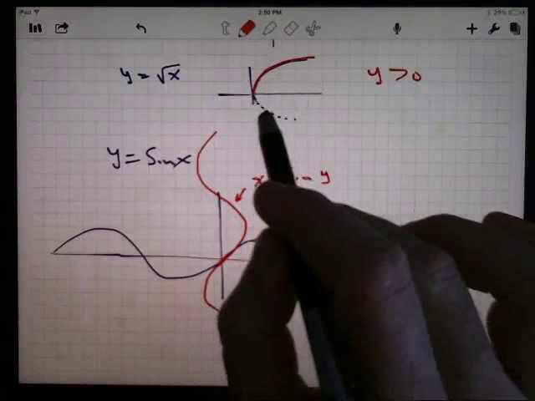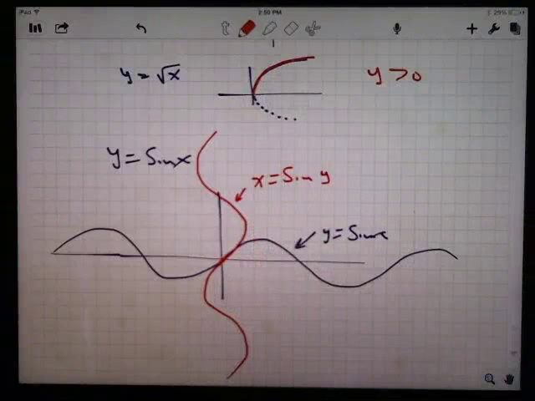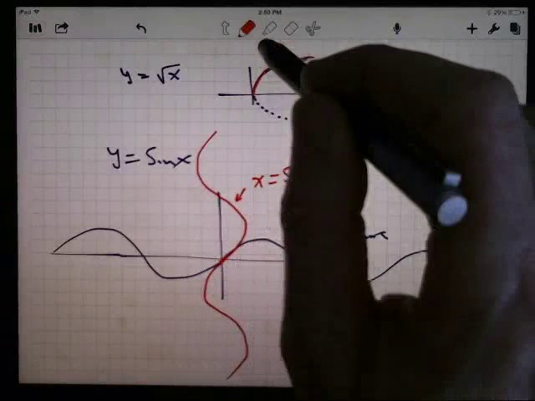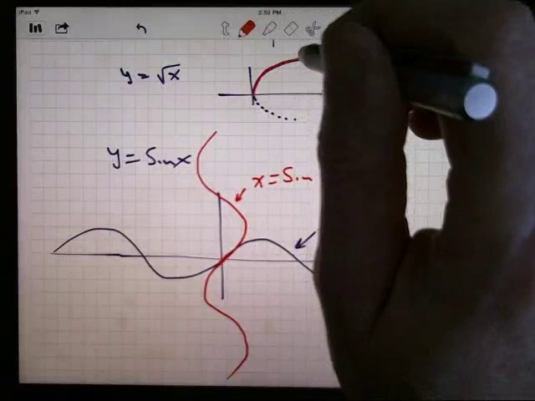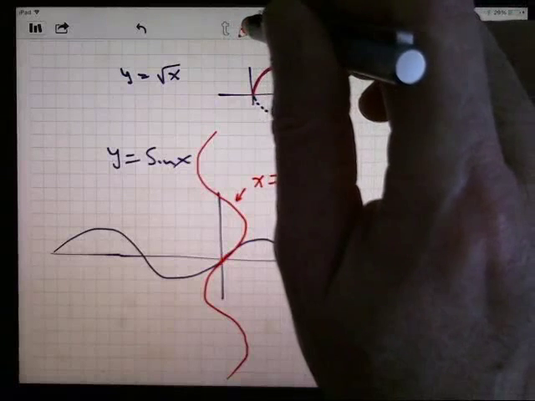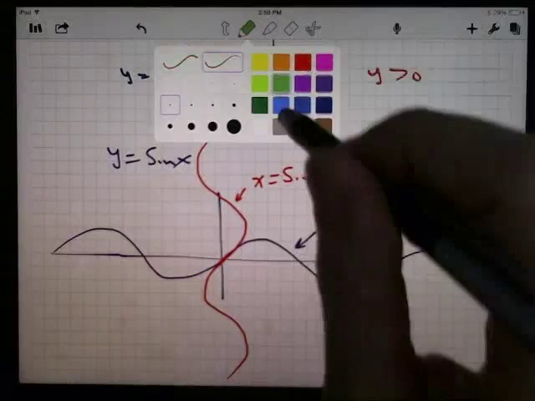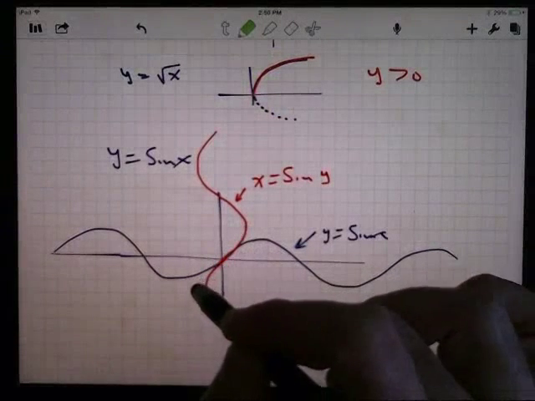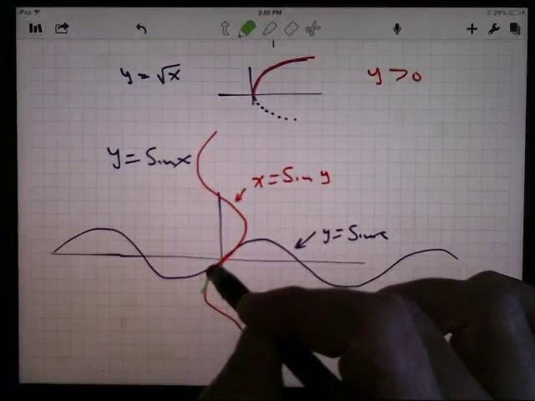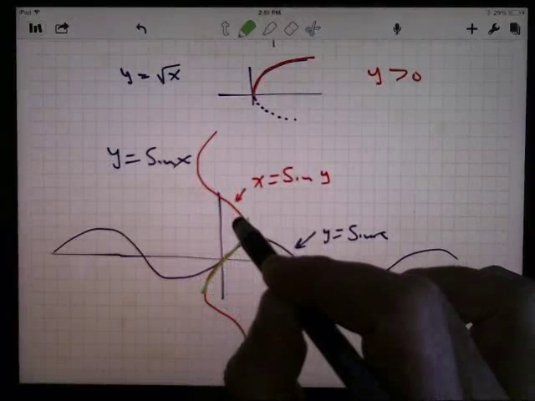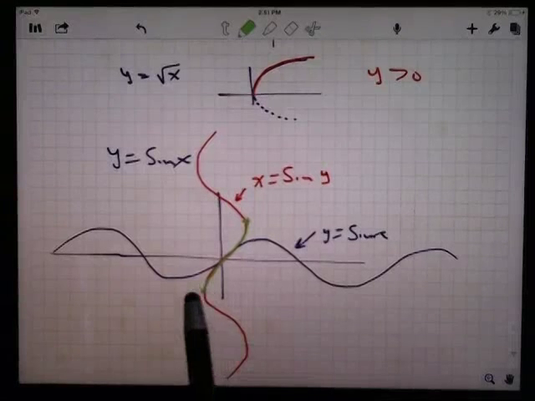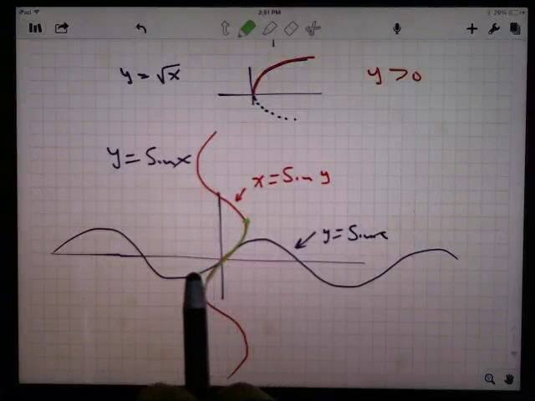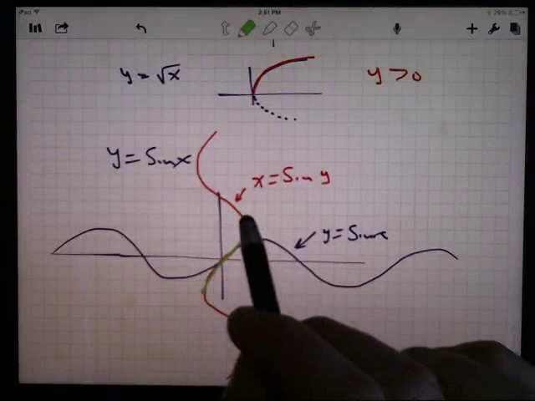So up here, I have to say, well, what part am I going to look at? Essentially I'm going to look at the stuff that's as close to 0 as possible here. So let's pick green, and I'm saying if I look from this spot right here to that right there, that gives all of the range, or actually domain, I guess, from here to there exactly once.